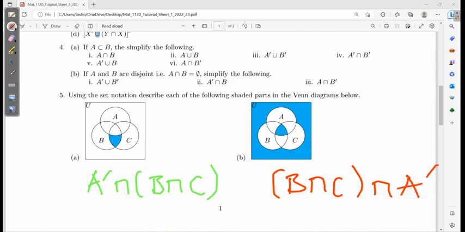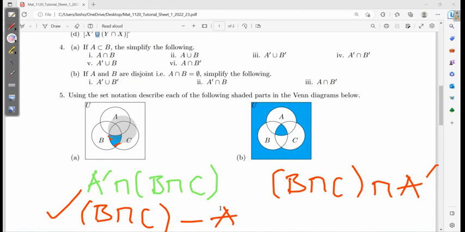Now, if you understand the system we are using, what is intersection A complement the same as? Anyone who has followed what we've done? Yes, good. So I can also be right if I say B intersection C, remove A. So you remove A, you remove that part. Simple and straightforward.